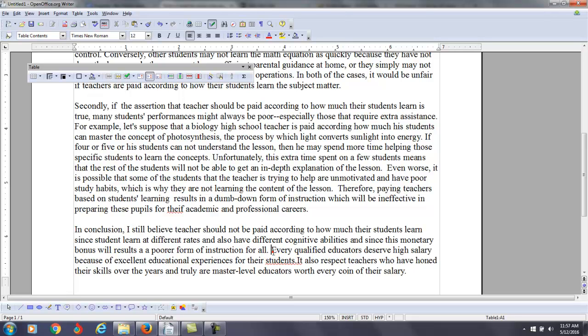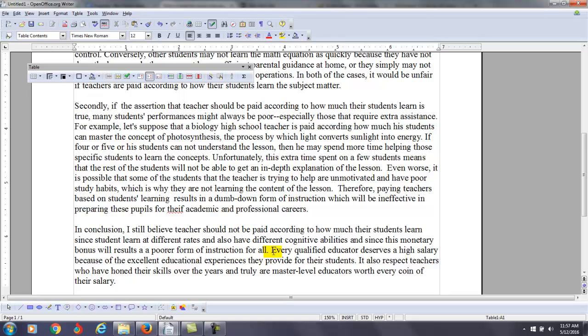And I like what you've already said here. Every qualified educator deserves, you might want to say, a high salary because of the excellent educational experiences they provide for their students.